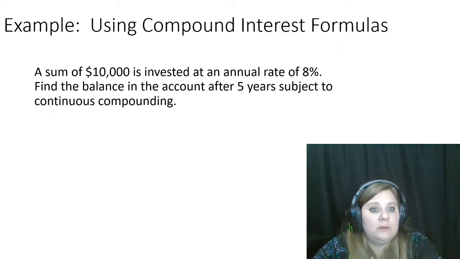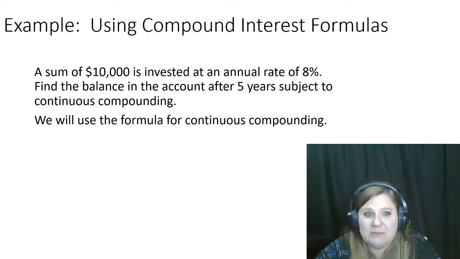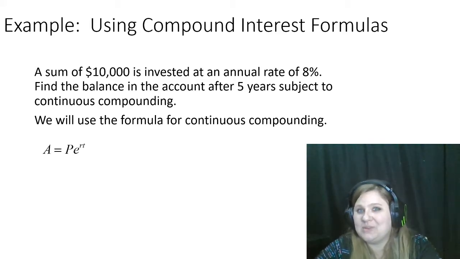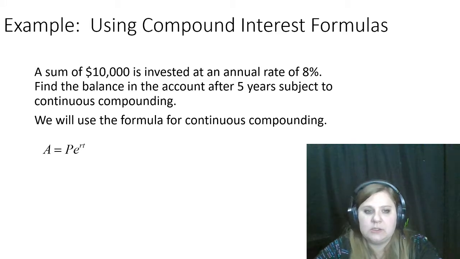Well, let's find out. So let's find the balancing account if we're compounding continuously. So instead of the equation with the n in it, we're going to do the equation with the e in it. So we plug in 10,000 for P, 0.08 for r, and 5 for t still.